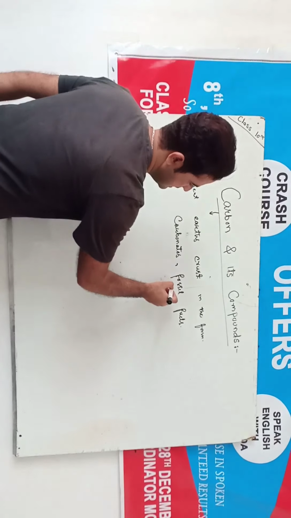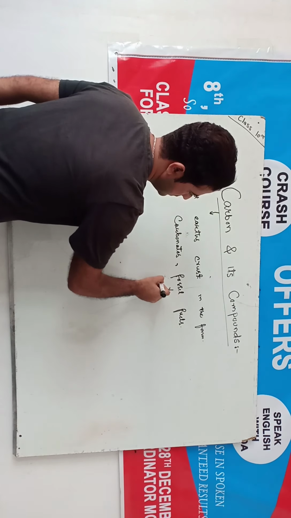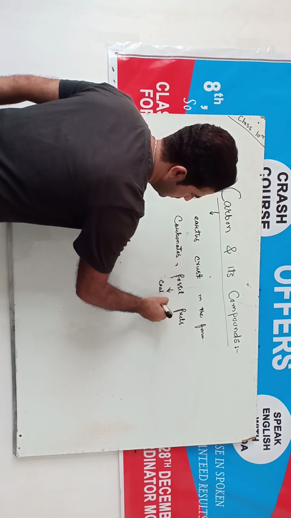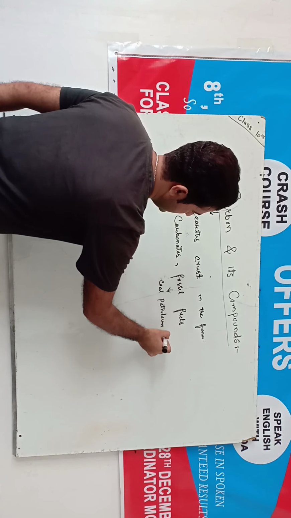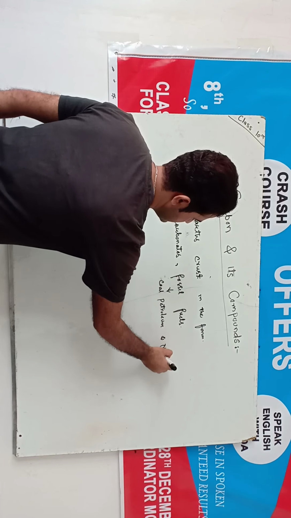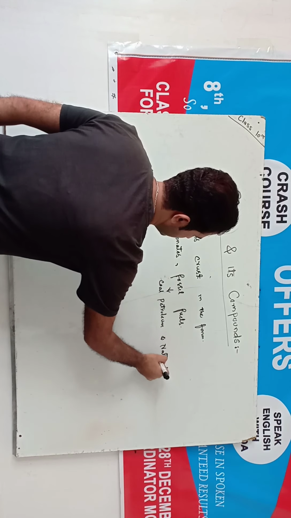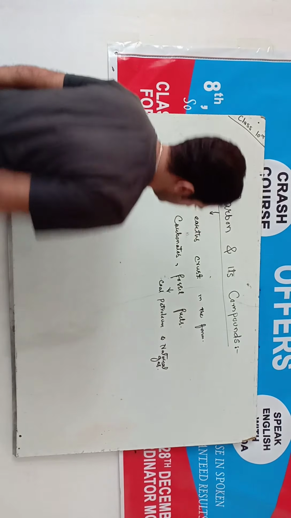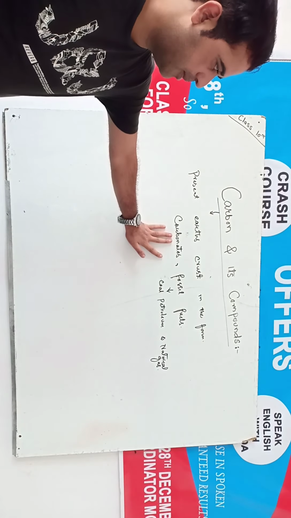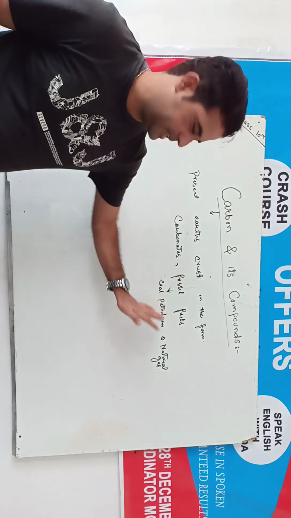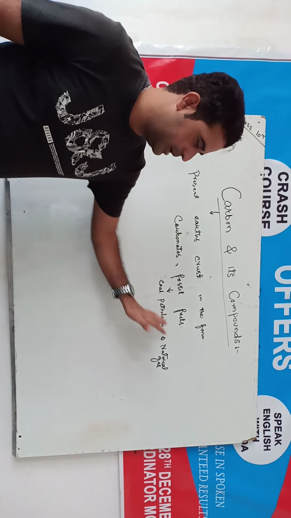Fossil fuels, that is coal, petroleum and natural gas. So it is present in the Earth's crust in the form of carbonates and fossil fuels, that is coal, petroleum and natural gas.